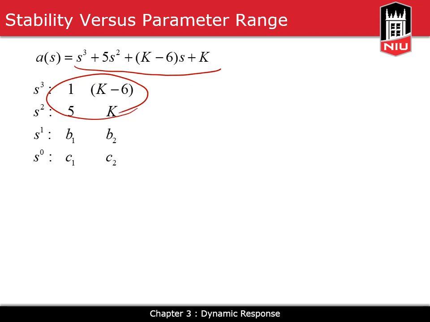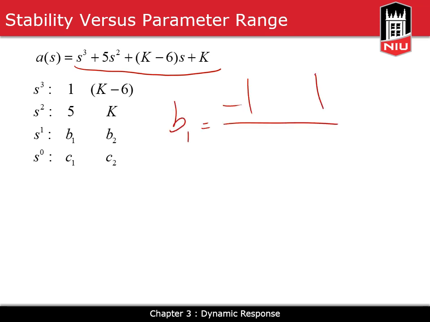First, we need to find b1 and b2. For example, to find b1, we have negative of the determinant of the first column in the two rows above, 1 and 5, and then the column to the right of the term we want in the two rows above, that's k minus 6 and k, divided by the first term in the row above, which is 5.